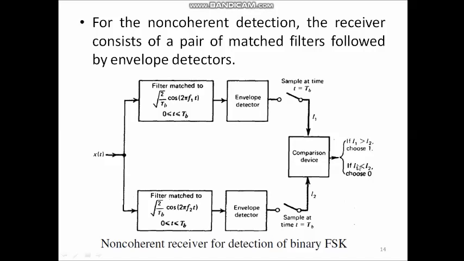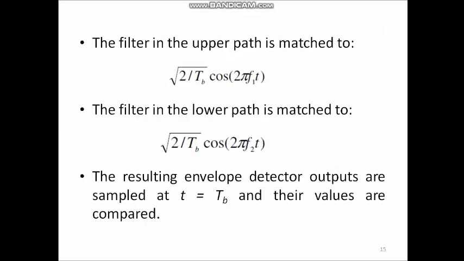So, this is how the demodulation operation is carried out in the non-coherent receiver. It contains a matched filter, envelope detector, and comparison device. These are the major blocks in the receiver section. The same thing is explained over here. The filter in the upper path is matched to root 2 by Tb cos 2 pi f1 t, and the filter in the lower path is matched to root 2 by Tb cos 2 pi f2 t.